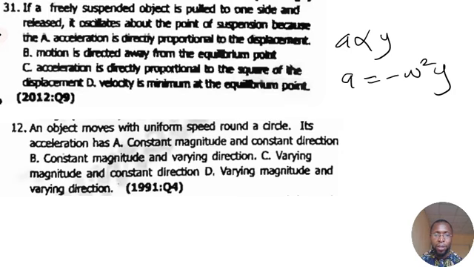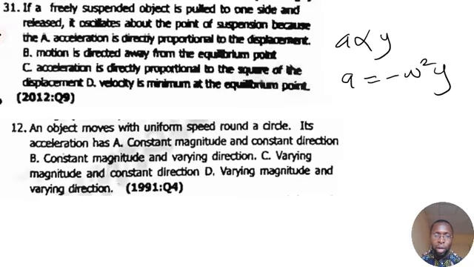Another question here says, an object moves with uniform speed round a circle. Its acceleration has a constant magnitude and constant direction. No, it is the magnitude that is constant. The direction of the acceleration is not constant, so A is wrong. Constant magnitude and varying direction, yes, B is correct.